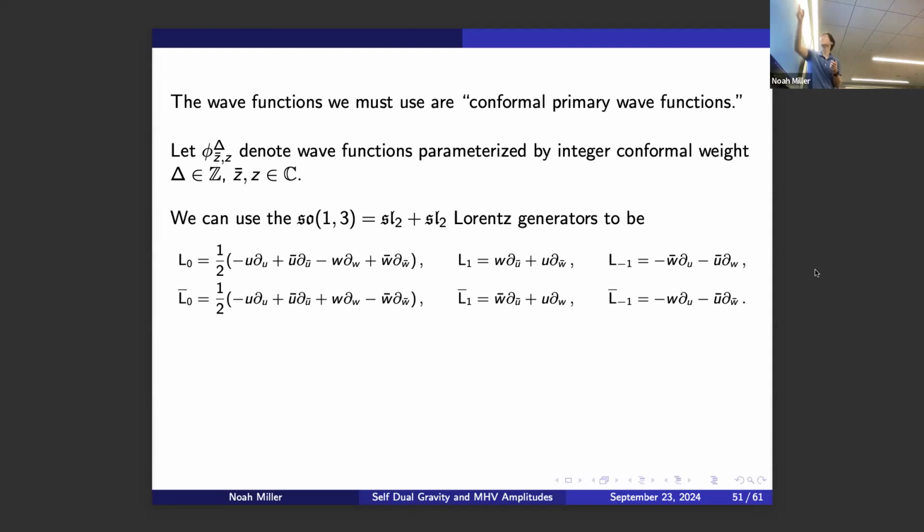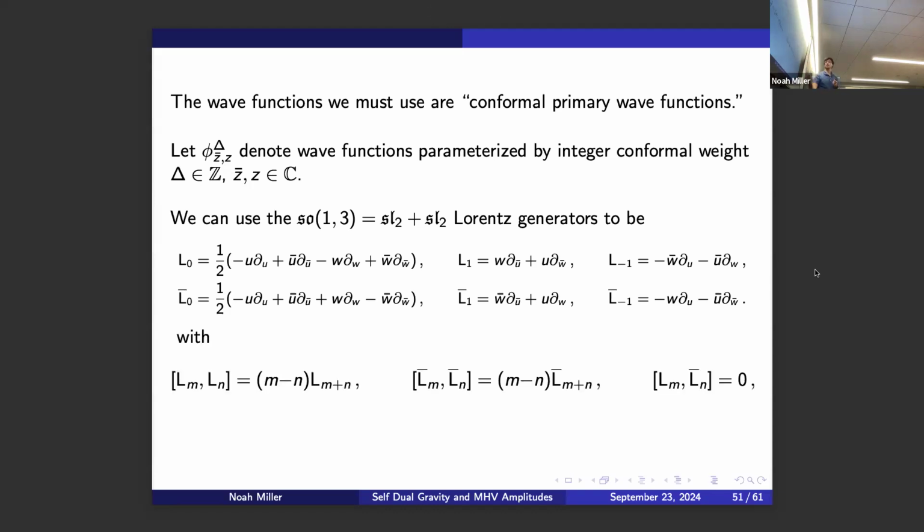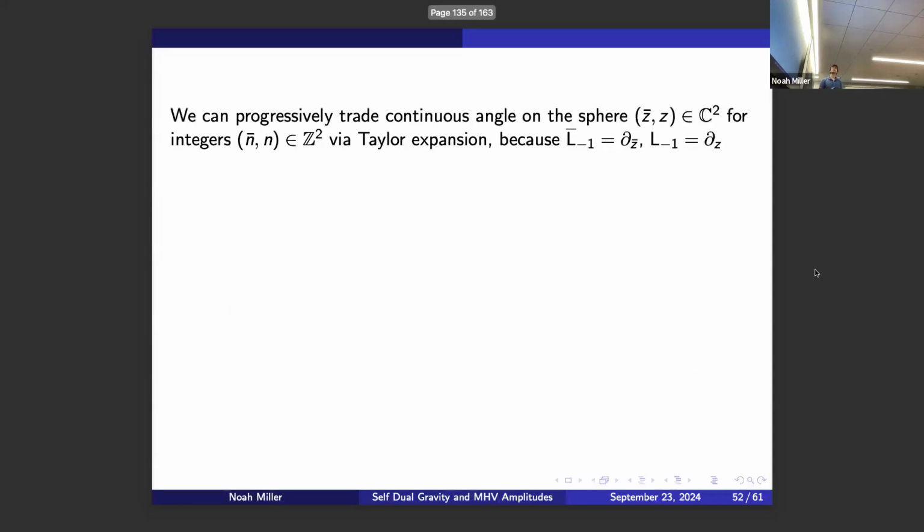So here we have L0, L1, L minus 1, L0 bar, L1 bar and L minus 1 bar. These are just the six Lorentz generators written in our Lycombe coordinates. They satisfy the two commuting SL2 algebra. And you can use these spacetime vector fields to take descendants in z bar and z.